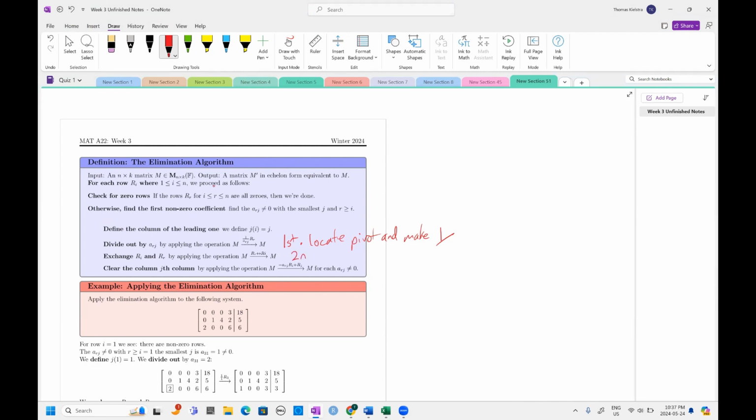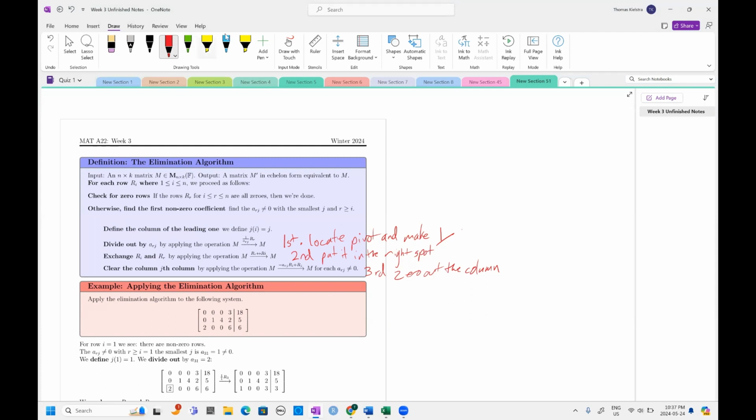Second, put it in the right spot. Third, 0 out the column. And we'll do this again and again. We'll locate the pivot, make it 1. We'll put it in the right spot, and we'll 0 the column.